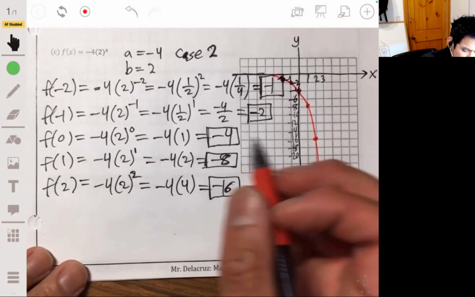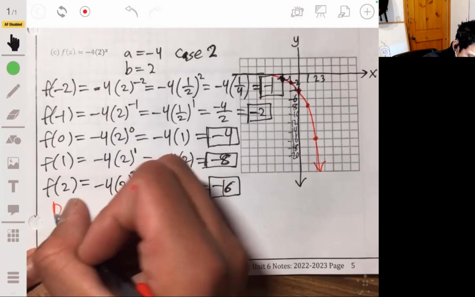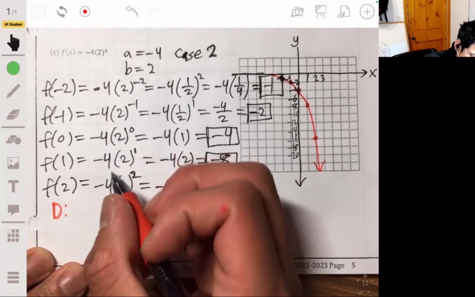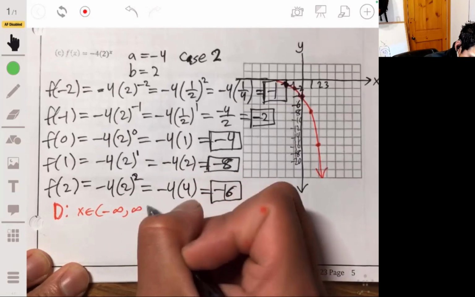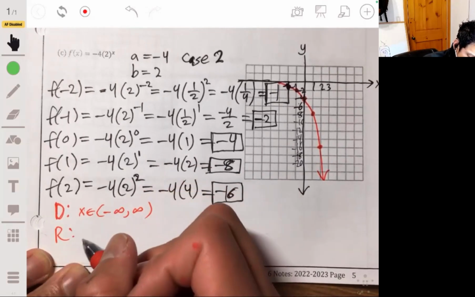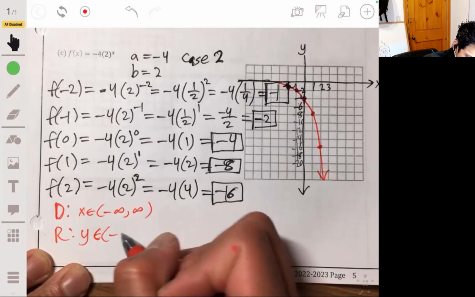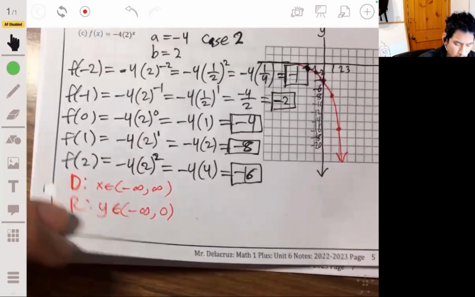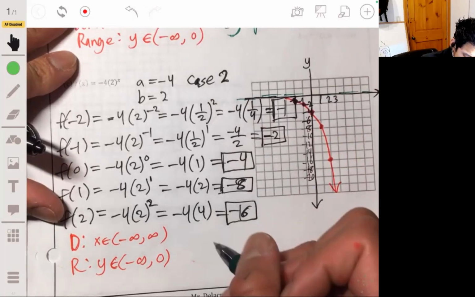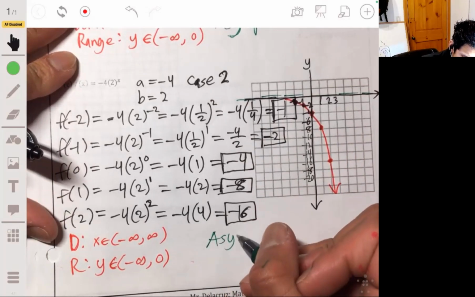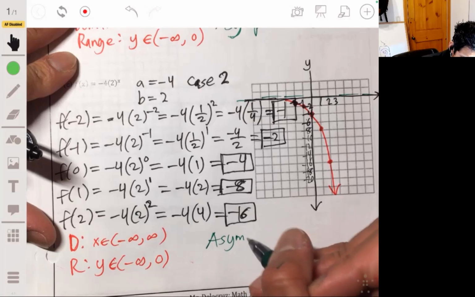And for domain and range, I'm just going to write D to save ink. The domain is going to be all real numbers once again, and the range will be all negative numbers: negative infinity to 0. And same asymptote, the line y equals 0.